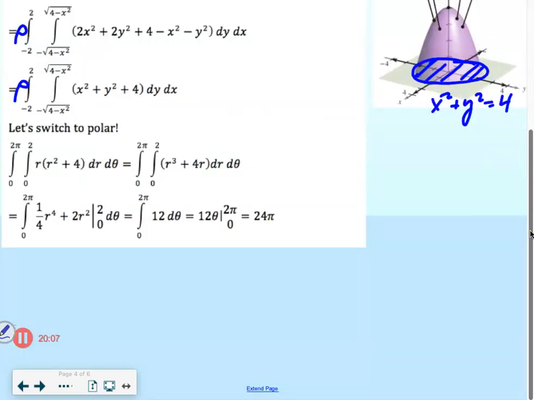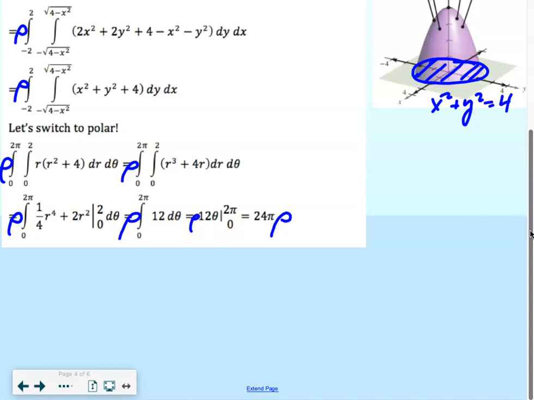So, rho. All right, so I got 24 pi rho. That's crazy. I totally ignored the rho.